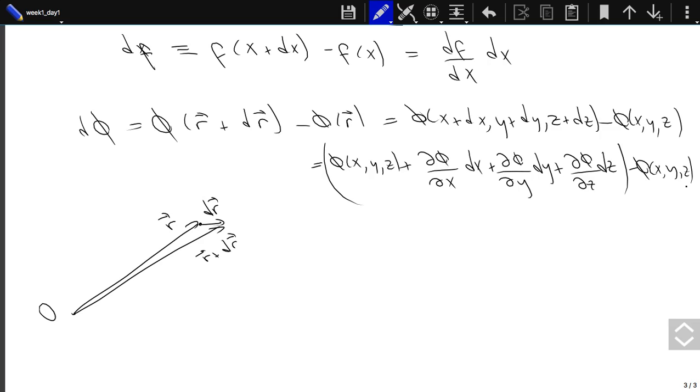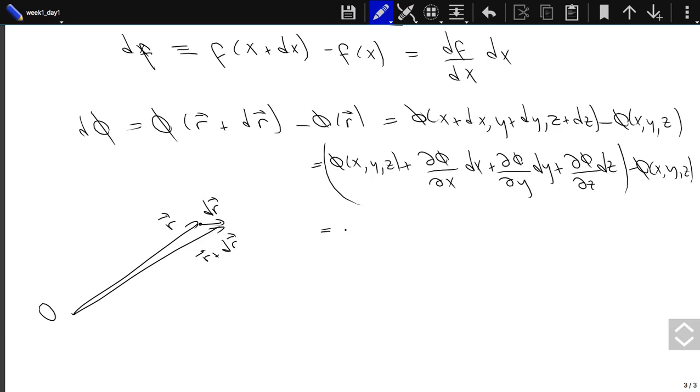You see, each one of these terms appearing over here is just like the term over there, but since I can change x, y, and z, my function will change both due to the change in x, the change in y, and the change in z. All those changes will cause changes in the value of my function, so I'm just adding them up.